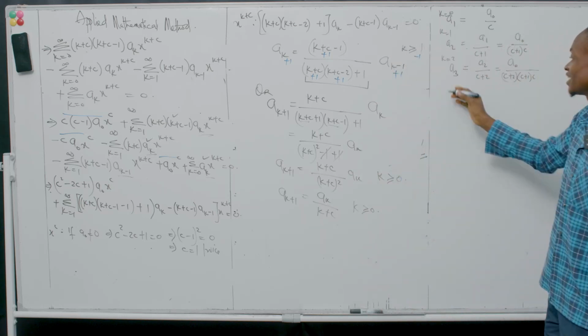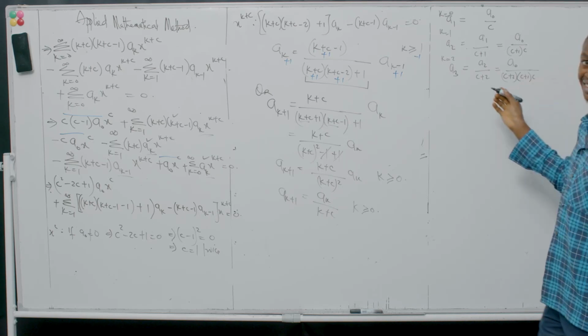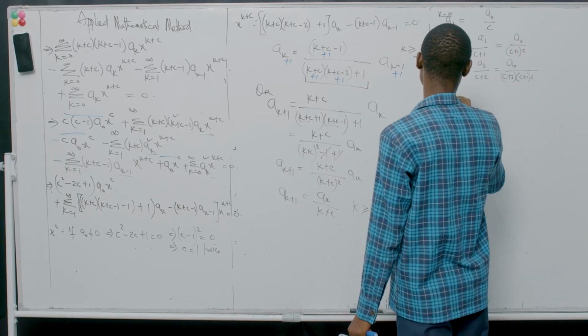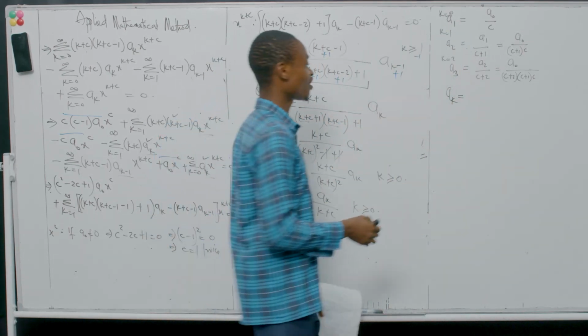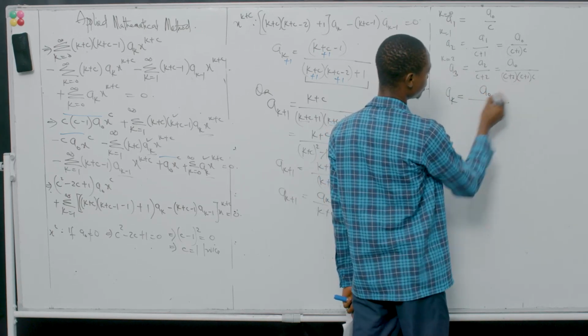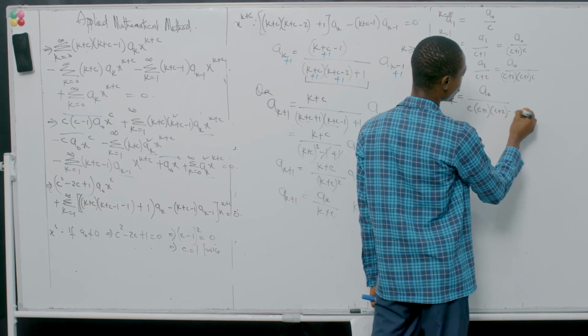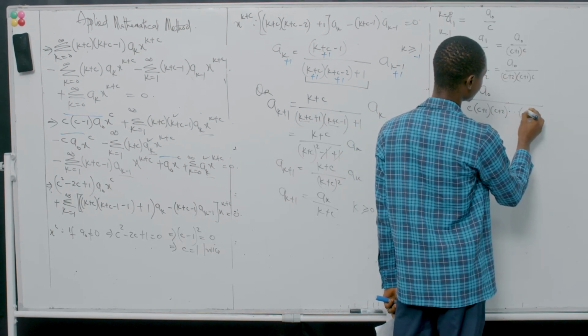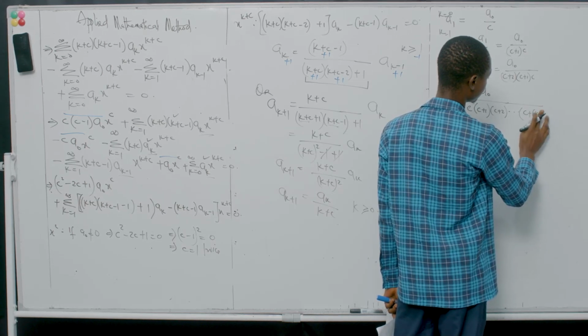So here, it means that at this point, what do I have? I can generalize that my a_k, for all k, is in fact going to be a0 divided by c(c + 1)(c + 2), and I'll continue to multiply until I get to (c + k - 1).